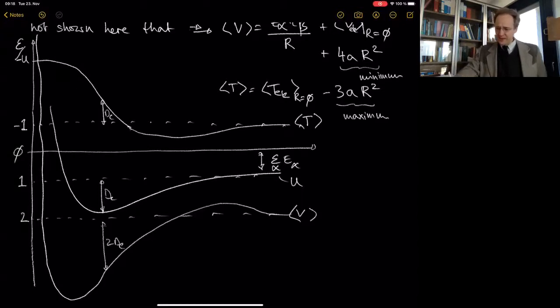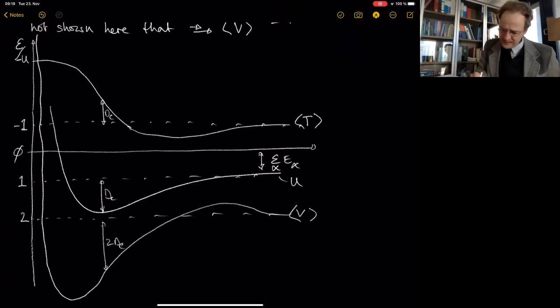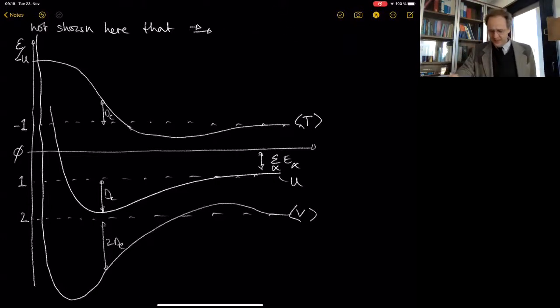These levels are related to each other. This is something which we obtained yesterday, that we have relationships between these offsets. So this relationship here is the kinetic energy at infinite distance.